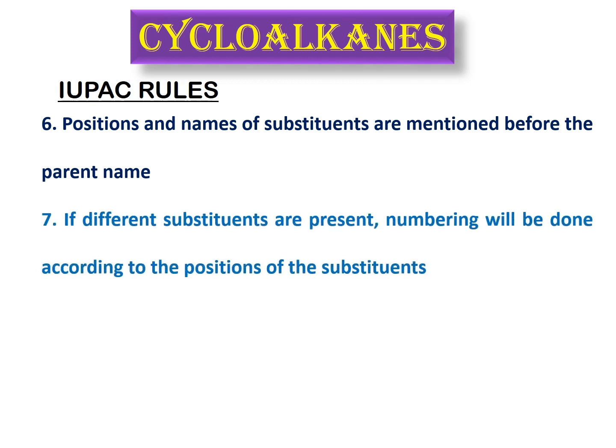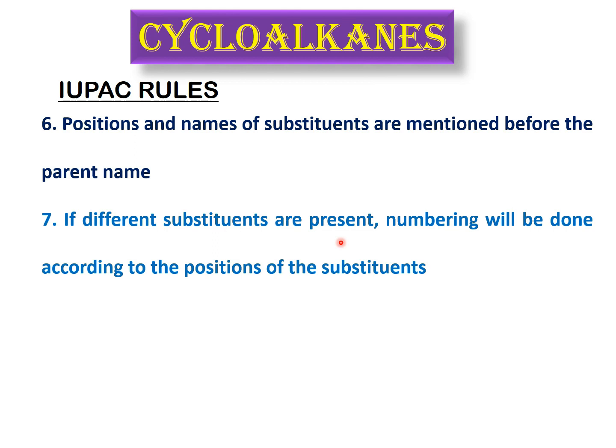Now if you have different substituents present on this cycloalkane ring, then numbering will always be done according to the positions of the substituents first. This rule means that you have to start numbering from one of the substituted carbon atoms and proceed in a direction so as to give lowest possible substituent position to all the substituents.